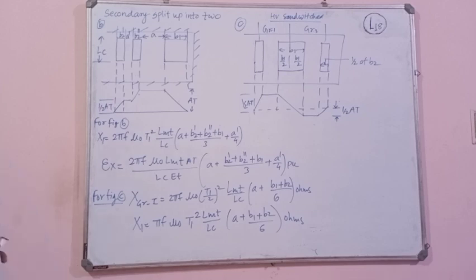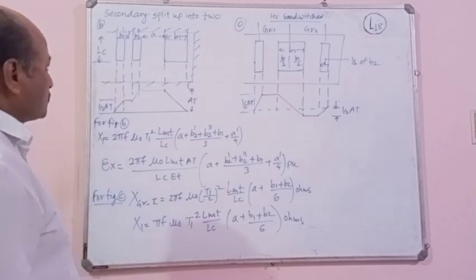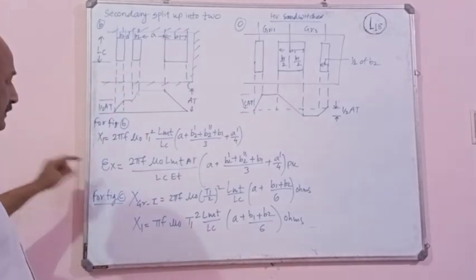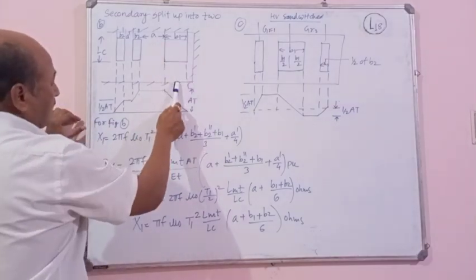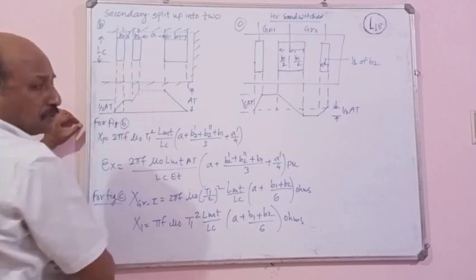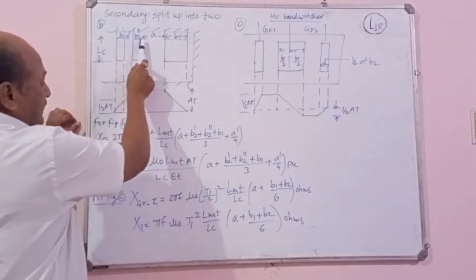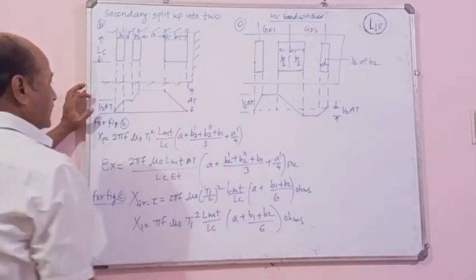In some cases the secondary winding is split up into two. So for this we have to calculate the leakage reactance and per unit reactance. This one is V1, and V2 is split up into V2 dash and V2 double dash. This one is A dash, this distance is A, then half of AT, and this one is half of AT.